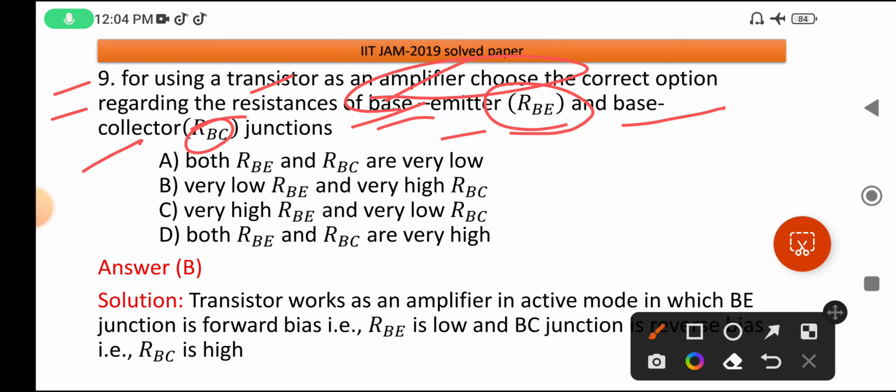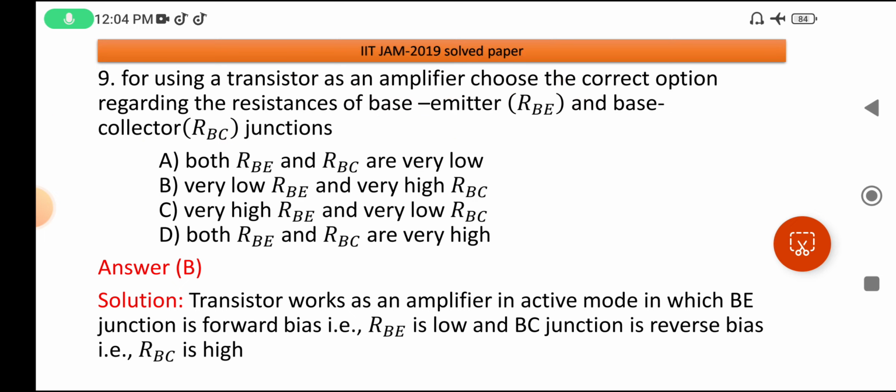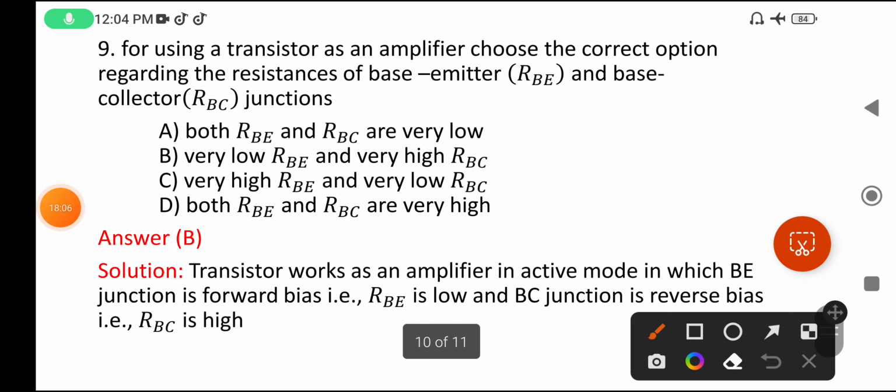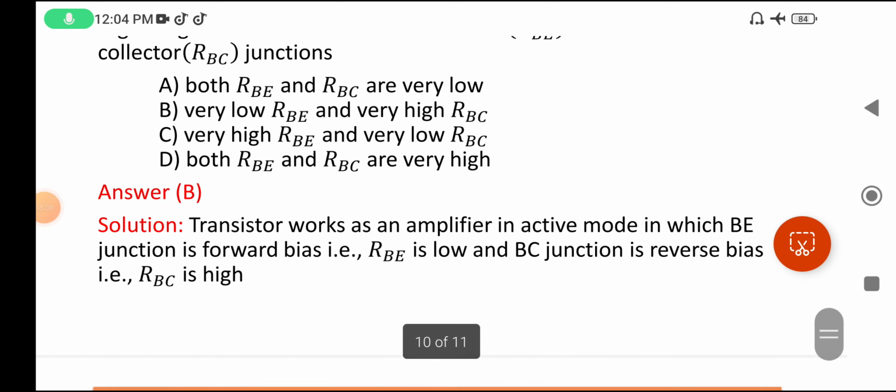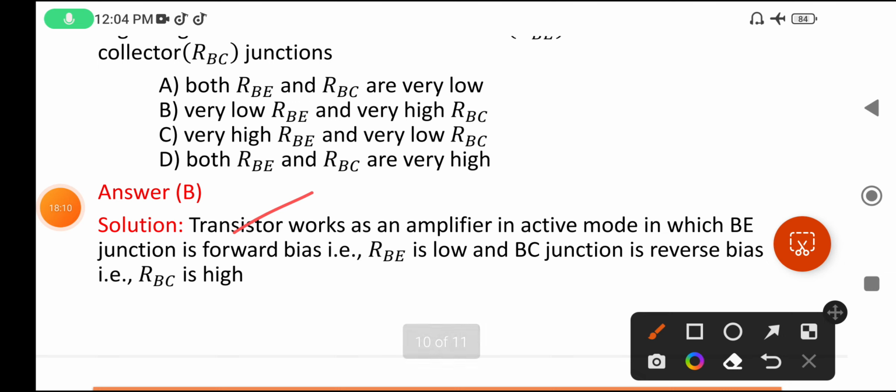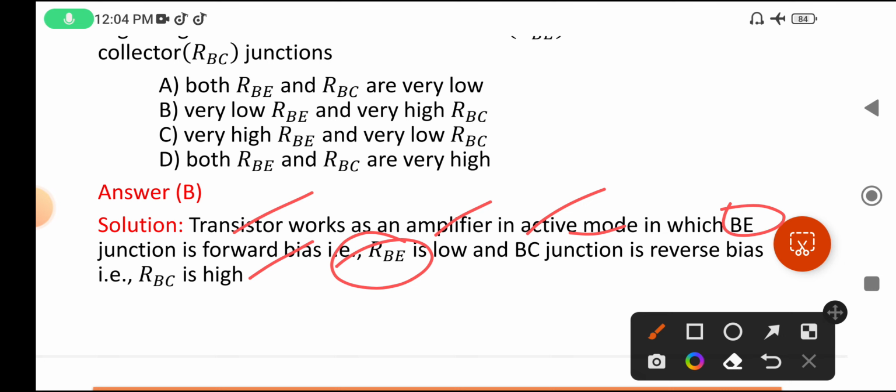For amplifier, a transistor works in active mode, in which the base emitter junction is forward biased, that is RBE is low. In forward bias, current starts flowing, so resistance decreases.